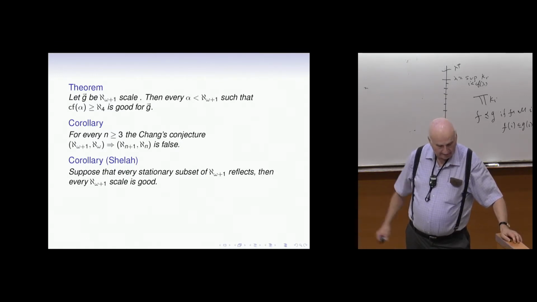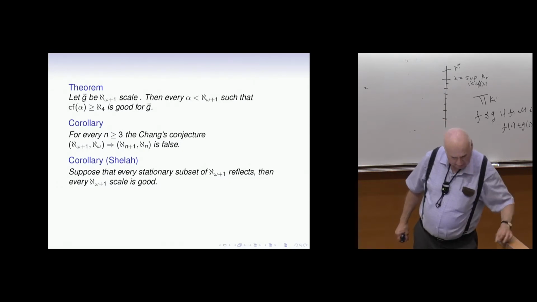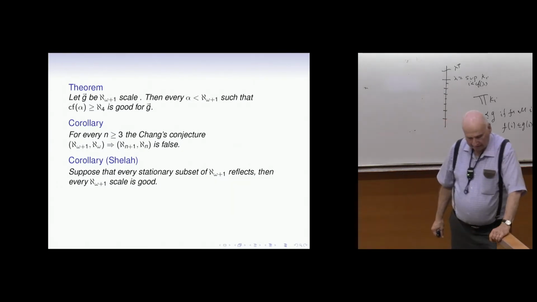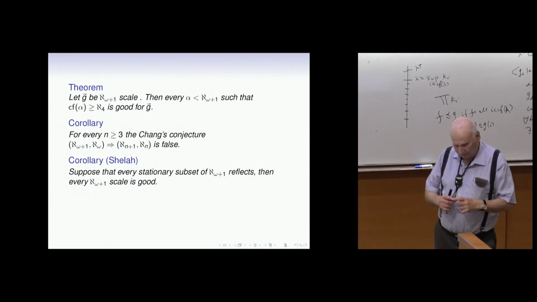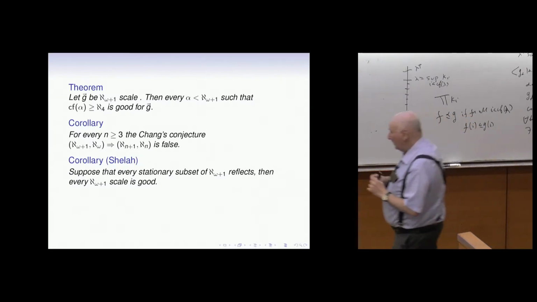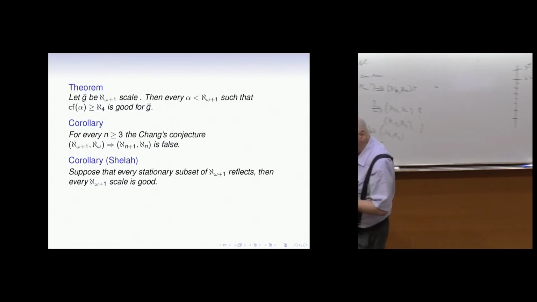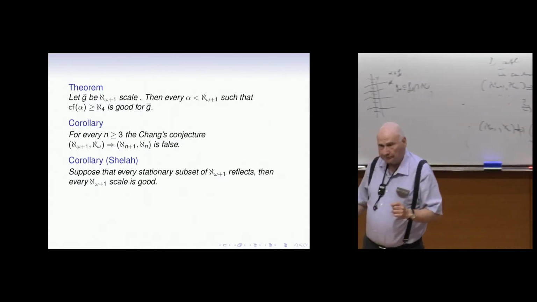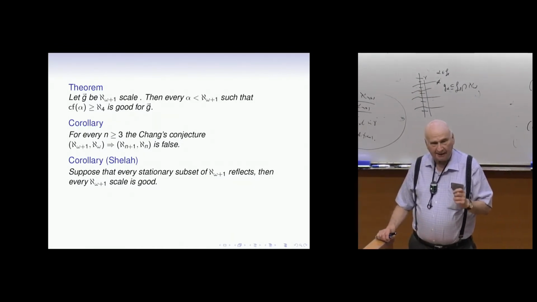Actually, we have the argument for Shelah's theorem. We have all the ingredients. Remember, we know that every point of cofinality Aleph 4 is good. Suppose you have stationarily many points which are not good.